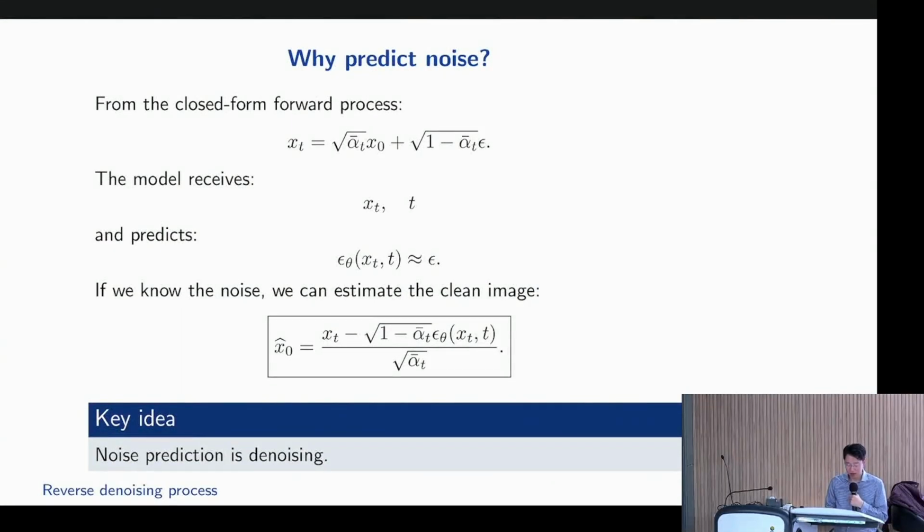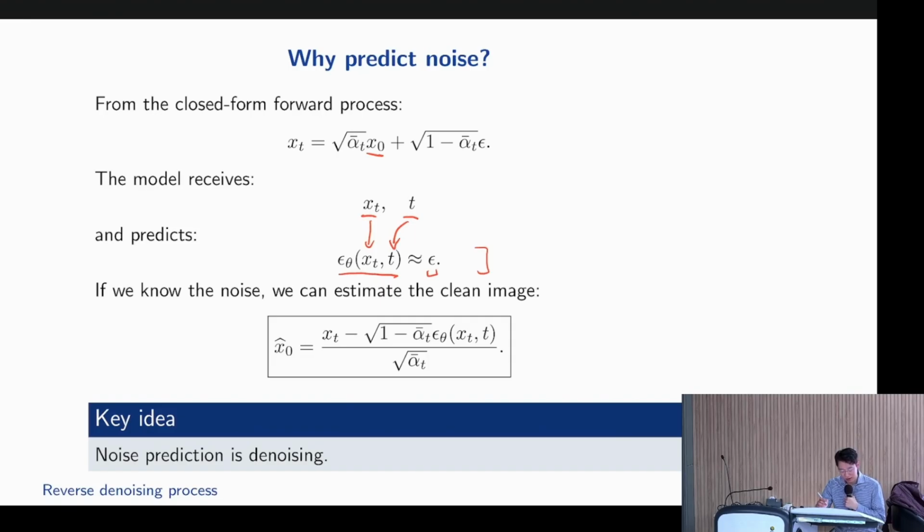Okay, so we had the closed form expression for generating the t-step noised image given the clean image, and the model should receive xt and t and should generate the added noise. We're going to see different parameterizations. This is just one specific realization where you parameterize the model so that it takes as input the t-step noised image and step index, and outputs the added noise that's added to x0 to generate xt.